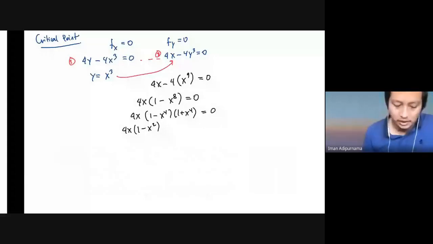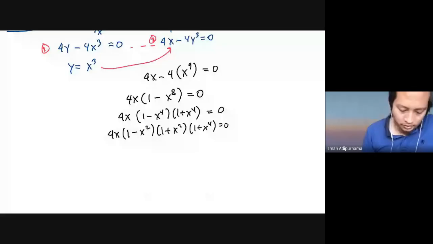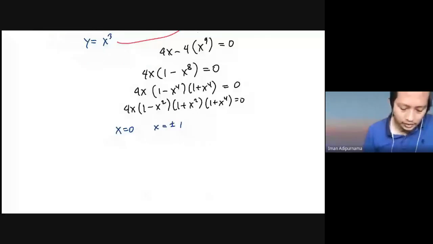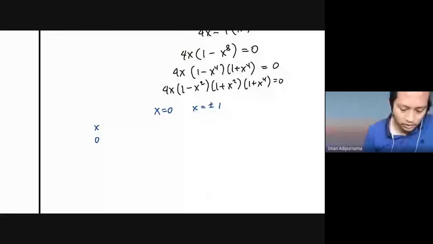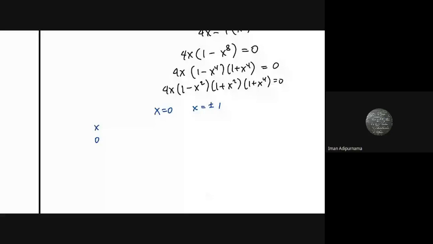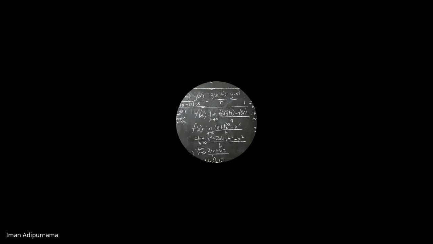From the imaginary part, we look for the real numbers, right? So from the real numbers, we get x is 0, x is plus or minus 1. So we have x equal to 0, 1, and negative 1.